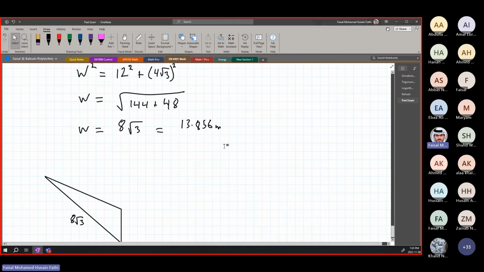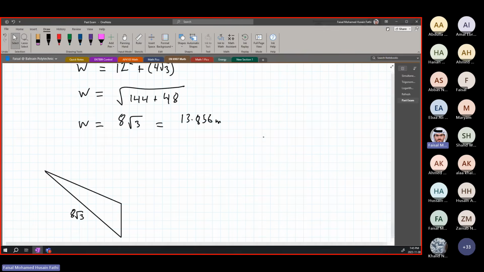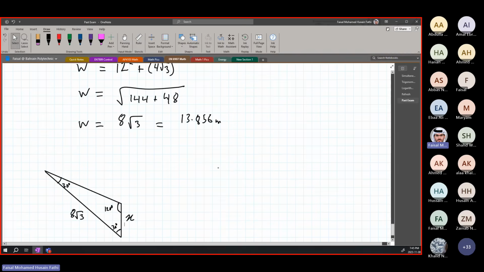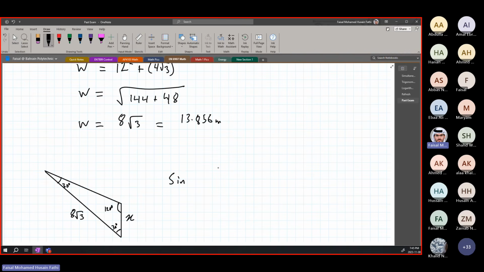Okay, we have all the angles here: the angle here is 30, and here we have 120. And this is our X. Then he used the sine rule: sine of 30 degrees, which is opposite to X, over X is equal to sine of 120 over 8 square root 3.